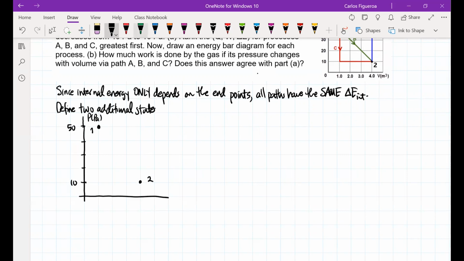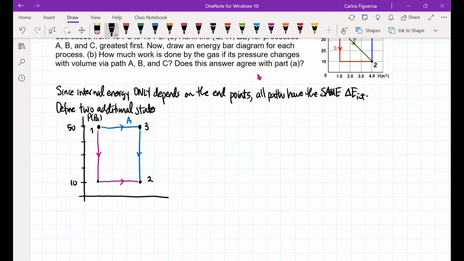Then you could see here that I have path A. So path A is going to come along this path. I'm going to call this point right here 3. So that's one of the new states. And then I'm going to have a second path, and this is path C, which goes from here to here.